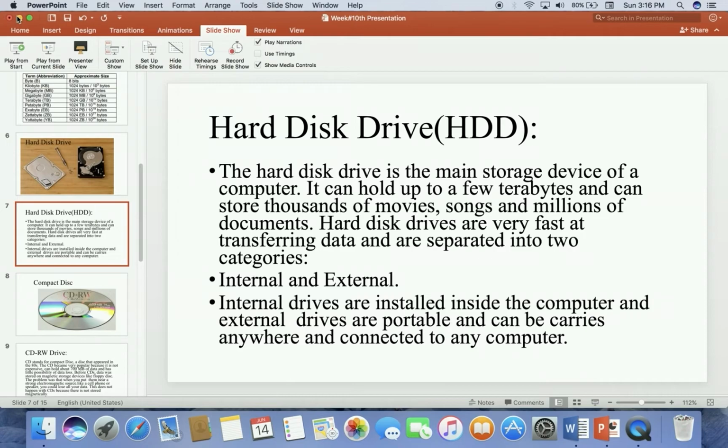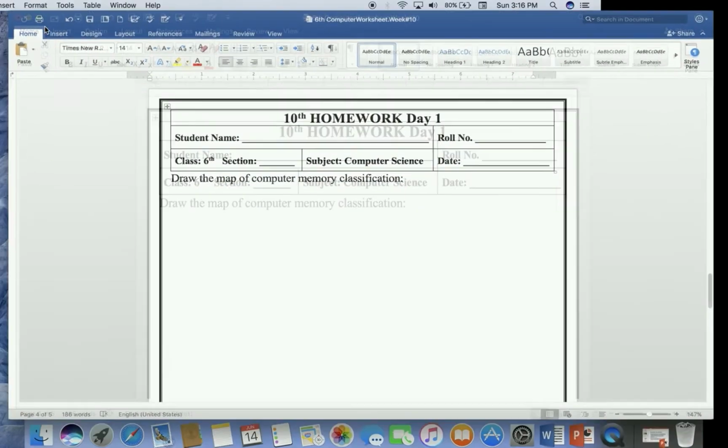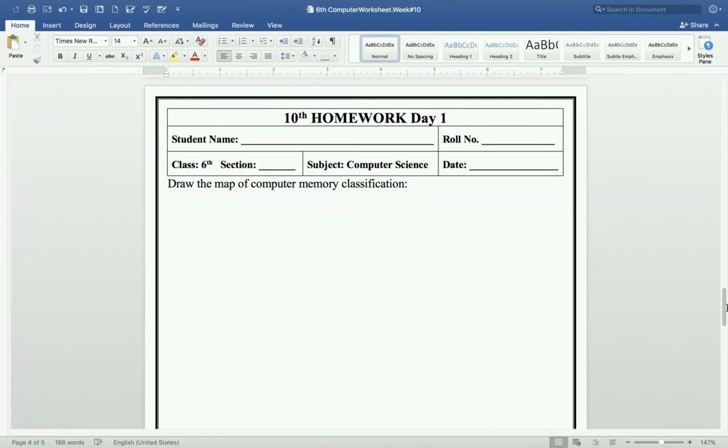Now students, see your homework. Today you will receive these worksheets. Draw the map of computer memory classification. In the previous times you had only drawn the map of primary memory because you had learned about primary memory, but this time you have learned about secondary memory as well.